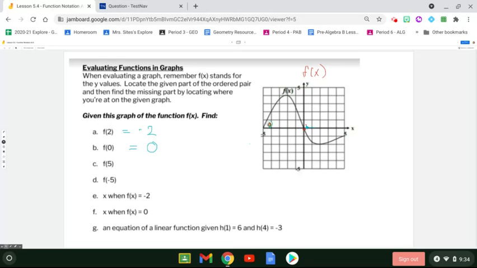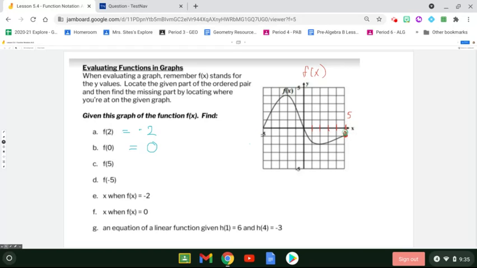Okay, let's look at f of 5. Let's look on the x-axis at 5. So 1, 2, 3, 4, 5. Here's f of 5. We need to go down and see where we hit. Looks like we're hitting right here on our graph.